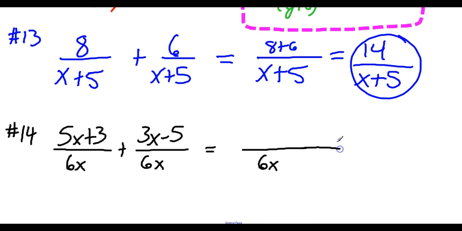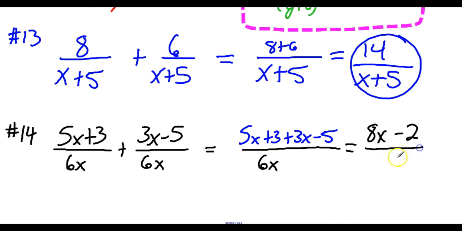Now you're just going to take all the different terms you have on top and add all those together, so it's 5x plus 3 plus 3x minus 5. So you're really just combining like terms. You've got your 5x plus 3x, that's an 8x. 3 minus 5 is negative 2. And that's over 6x.